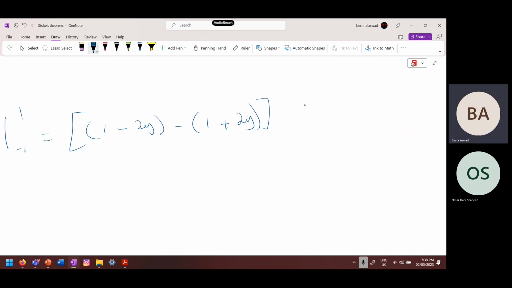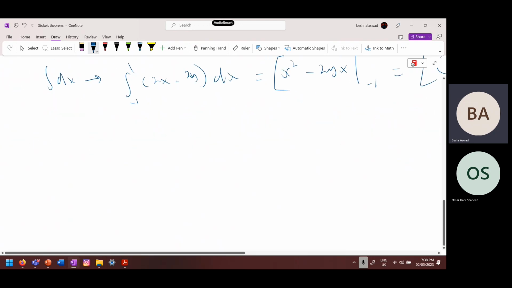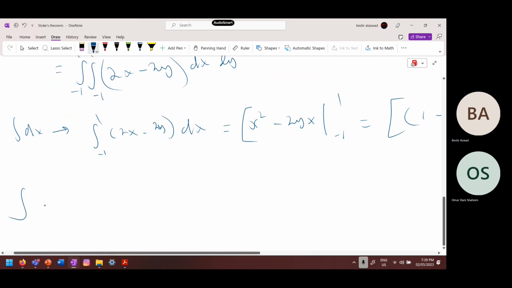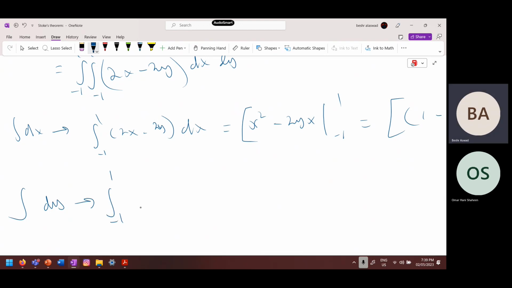To solve this now, you need to expand it or just introduce the signs. 2y minus 1, minus 2y. Since these will be cancelled, this is equal to -4y. Now for the second integration, dy, integration from -1 to 1 of -4y dy, this is equal to -2y squared.